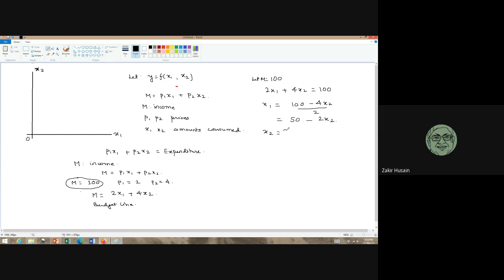Let us say x2 is equal to 2. What is x1? 46. So 46. x1 কি 46 হবে? কিছু একটা ভুল হয়েছে দেখো তো এখানে। Sir, that should be 4.